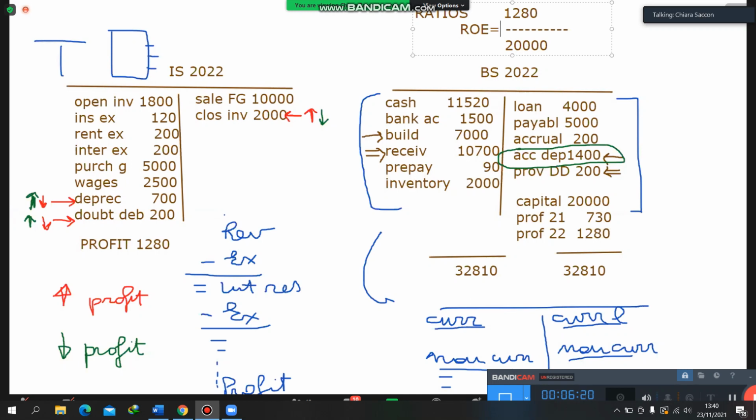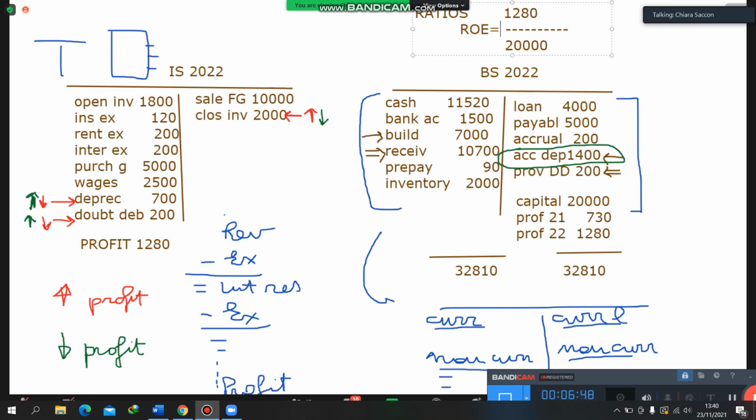Okay, return on equity. What does it mean? If we divide the profit amount by the capital invested by the owner, we can get a ratio that is telling us that that investment of the owner in the company activity, in that business, is producing that result.